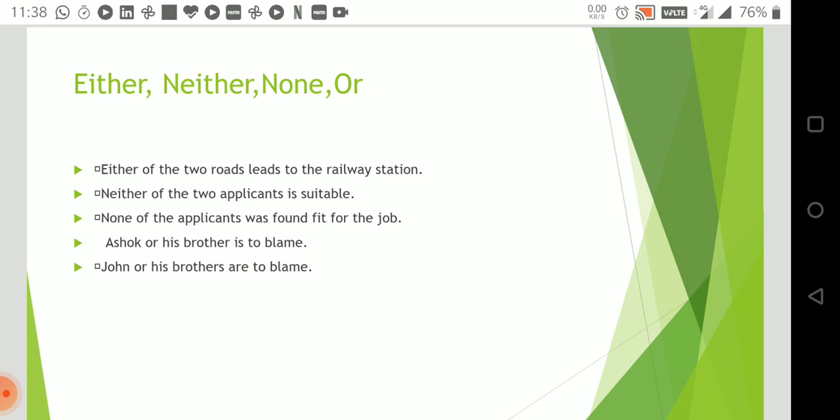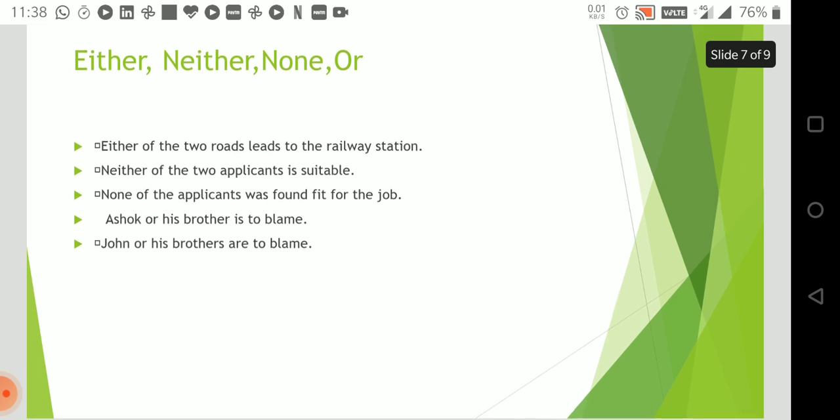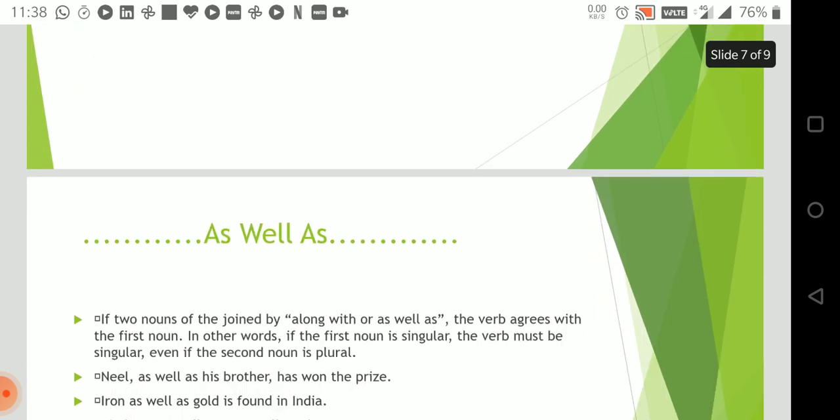In the same way, let us consider the next example wherein neither of the two applicants is suitable. This means, since neither is used in the sentence, even though applicants is plural, the verb will always be singular. So, neither of the two applicants is suitable will mean none is suitable, not even one is suitable. This is the meaning of the given sentence here.